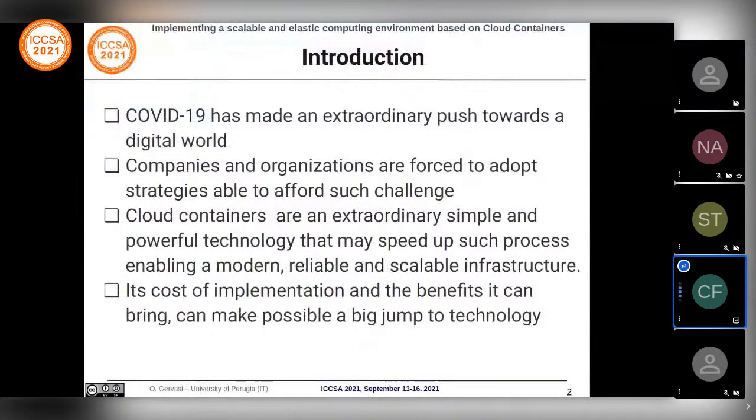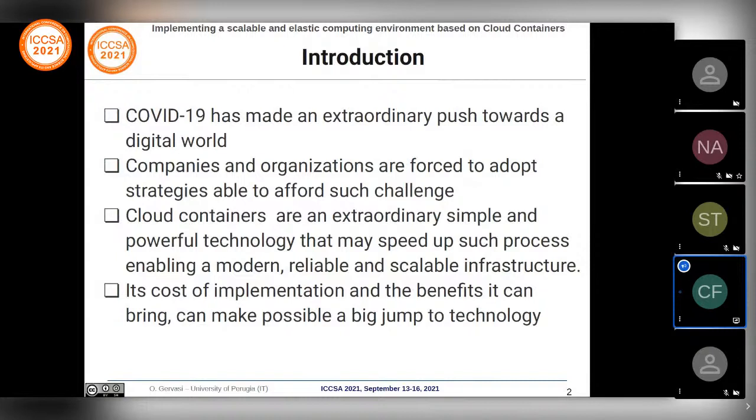So the idea is that an organization, a company, can face the new challenges that particularly COVID-19 has posed to a lot of scenarios in order to push towards a digital world.